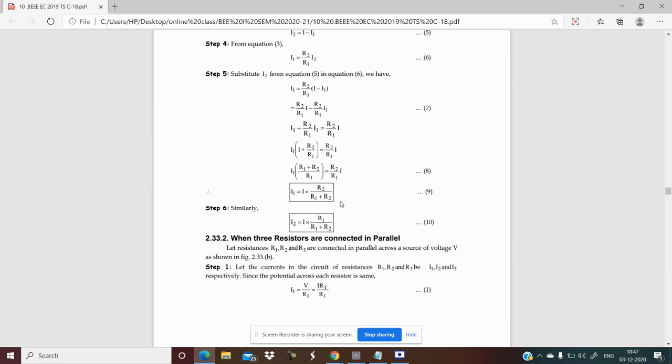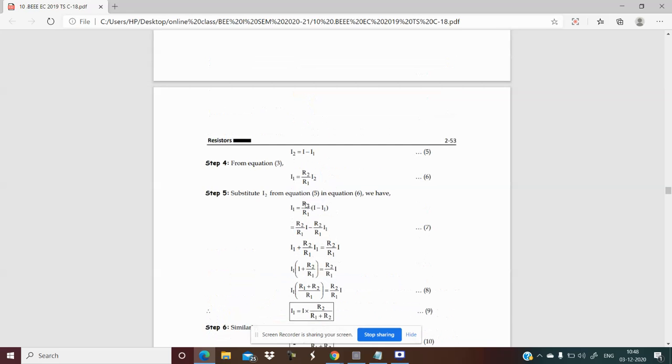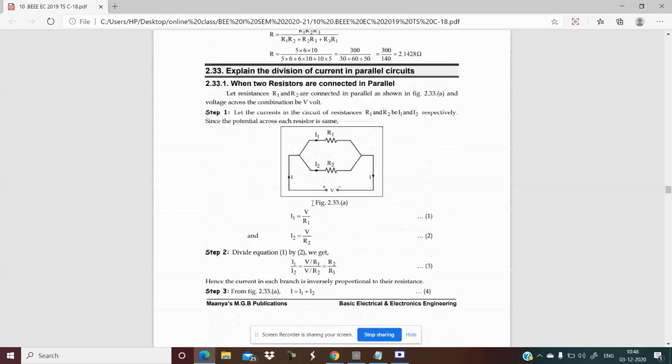This is the formula to calculate an individual current without voltage. We use this type of formula when voltage is not given, only the resistance values and the total current are given. At that time we go for this formula. So to calculate I1, I1 is equal to total I into R2 divided by R1 plus R2.